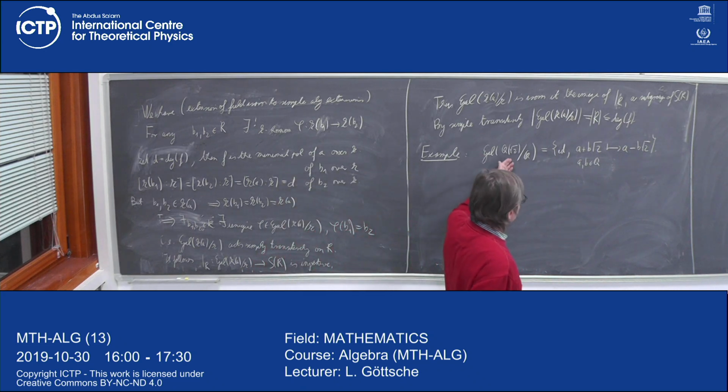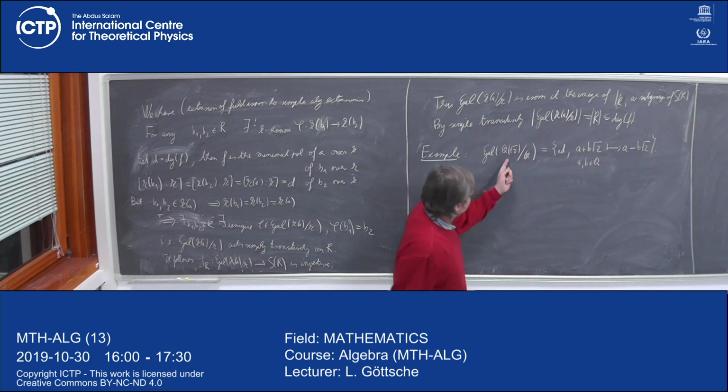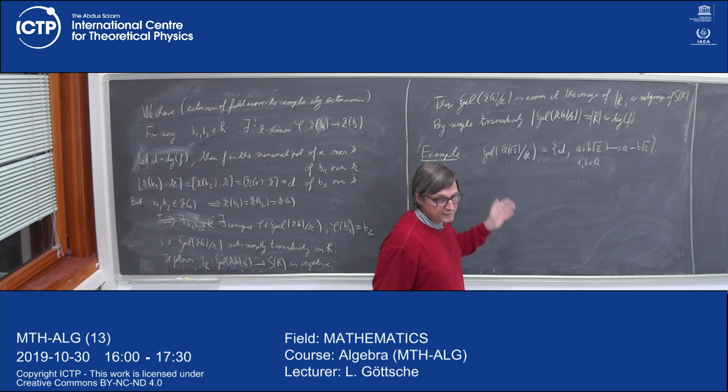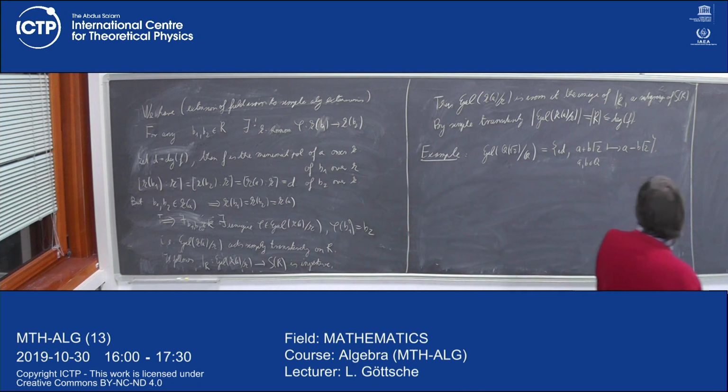In this case, we have a simple algebraic extension, and the polynomial splits. The roots are √2 and -√2, and there exist only two elements in the Galois group.